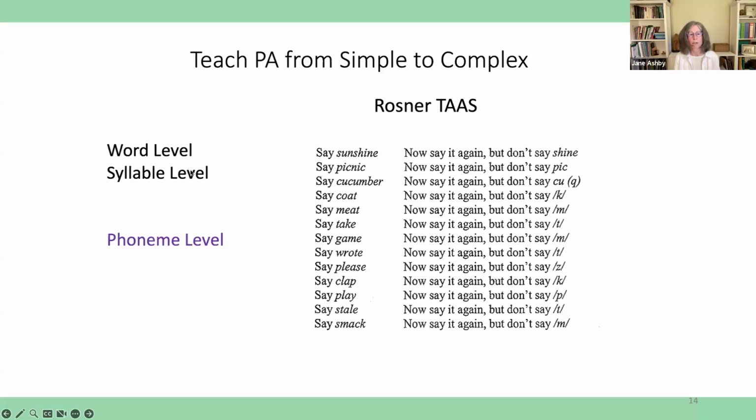Then there are 3 trials where they delete the final sound. They give you the beginning part of the word. And then at the end here, you can see there's some blend work. So say clap, now say it again, but don't say k. And they would say lap. Say play, say it again, but don't say p. And they would say lay.